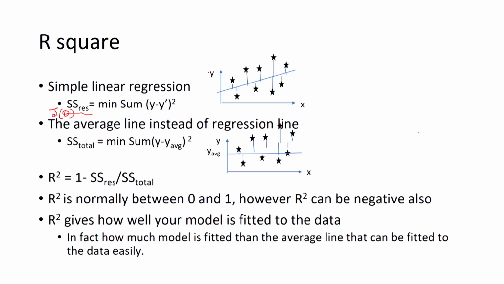After minimizing, using either the normal method or gradient descent method, suppose you learned this line. There is another way to find a regression line: suppose we take the average of all these response variable values, and take that as the output for the response variable for any given instance.